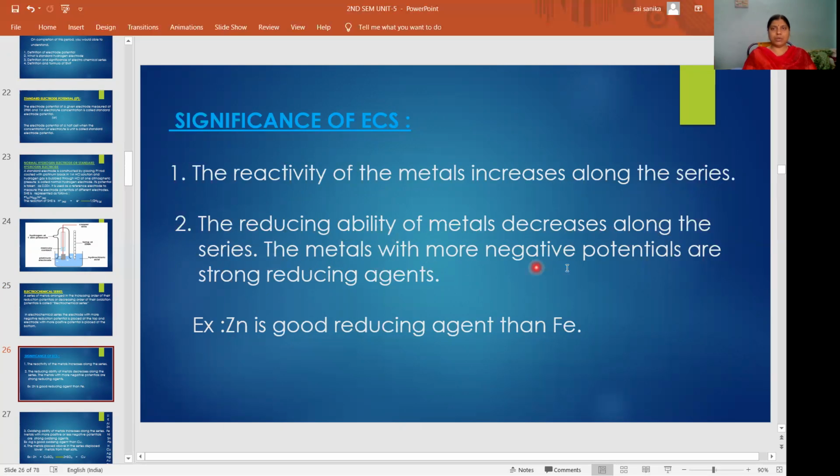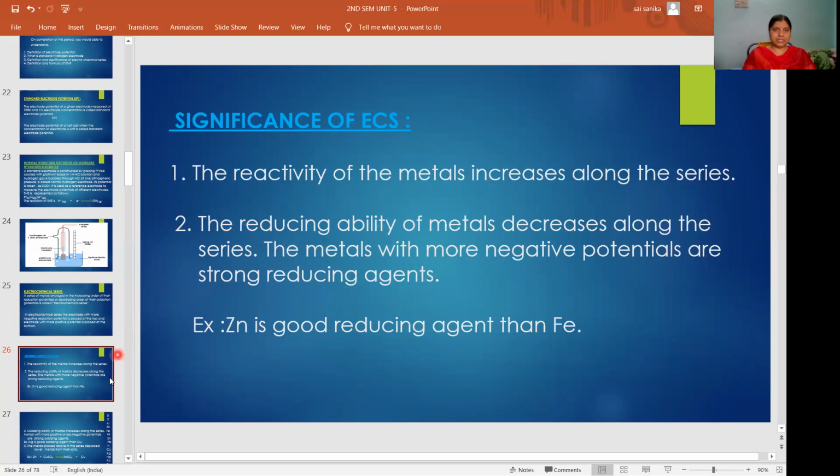The metals with more negative potentials are strong reducing agents. So the reducing ability decreases from top to bottom, and metals with more negative potentials are strong reducing agents.